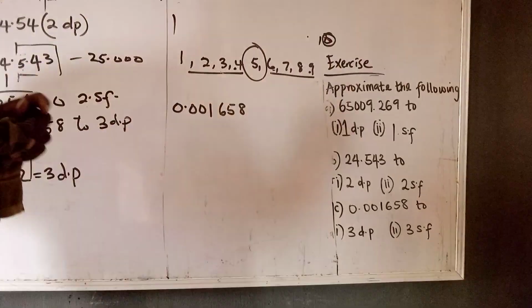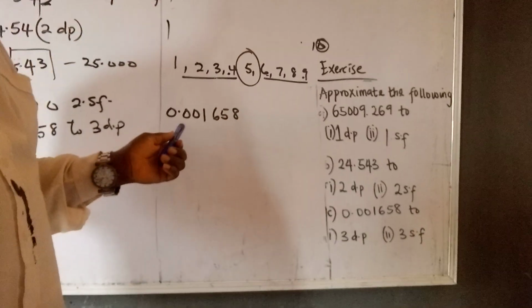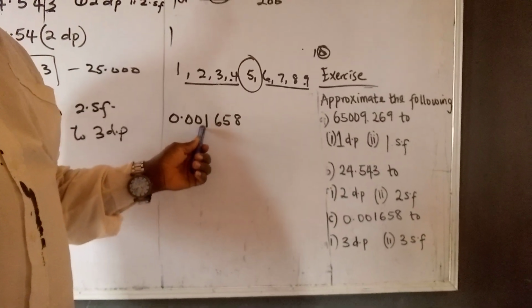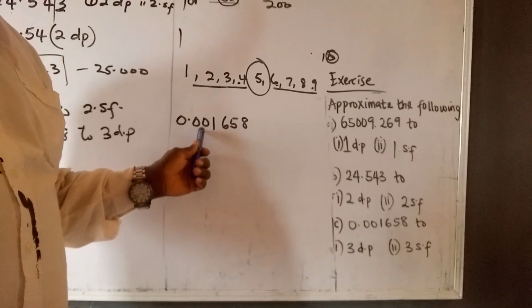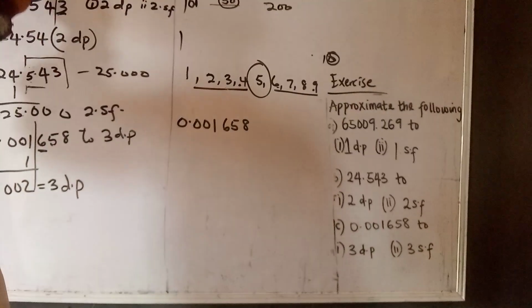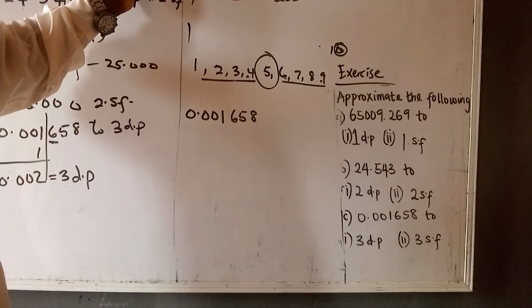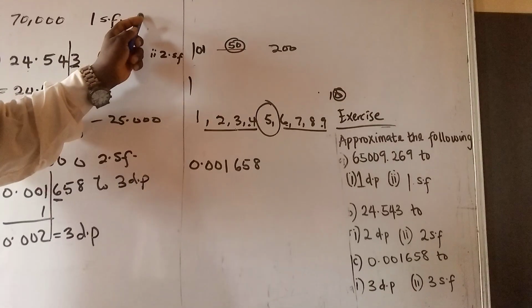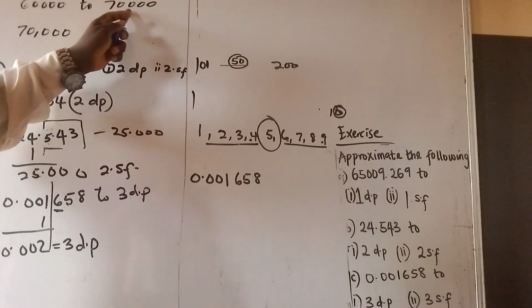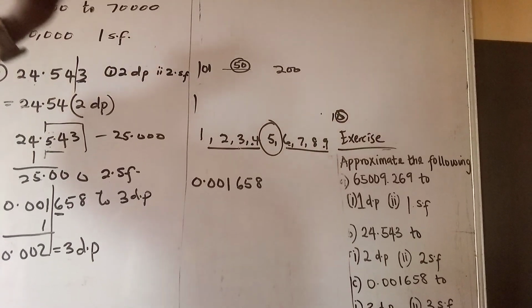Under the significant figures rule, particularly after the decimal point, these zeros, we don't consider them as significant figures. Do you get me? You can remember when we did 7,000, the significant figure that was considered was 7, just the only value there.